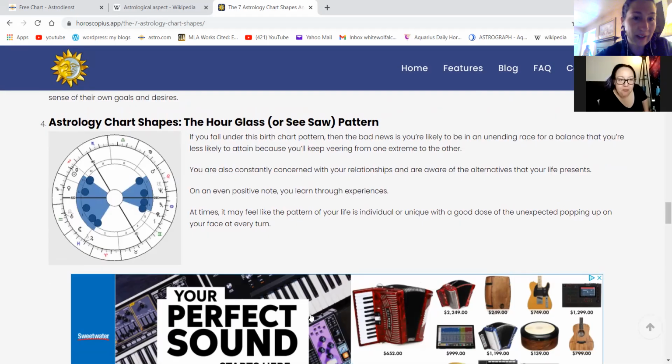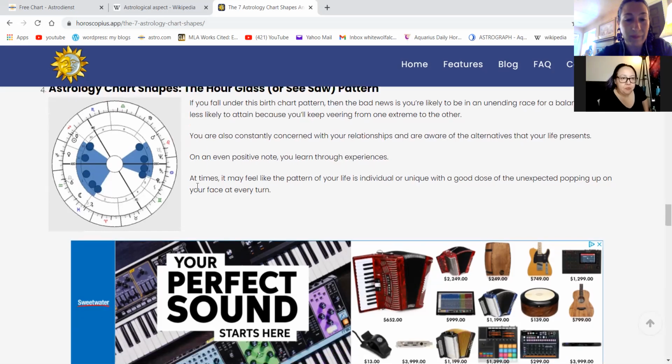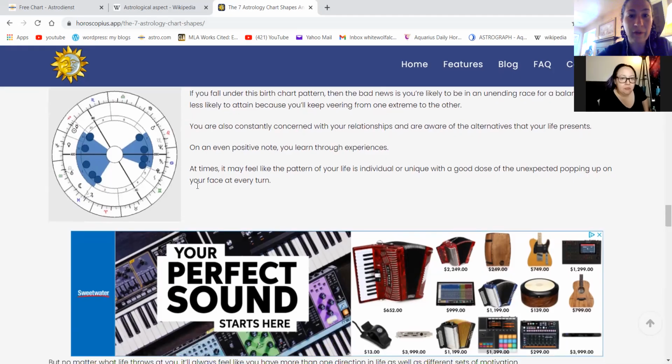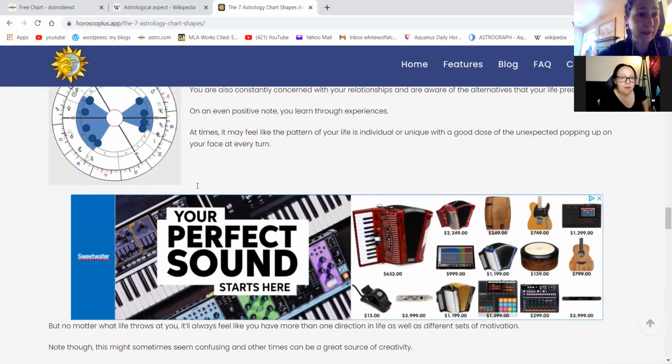What it doesn't mention on this little website is to pay attention to the houses that it falls on, right? Because this one's talking about relationship pattern, because you have the first, the 11th, 12th, first, those are all relationships. 7th, 6th, 7th is being of service, relationships in the world. At times it may feel like the pattern of your life is individual or unique with a good dose of unexpected popping up in your face at every turn.